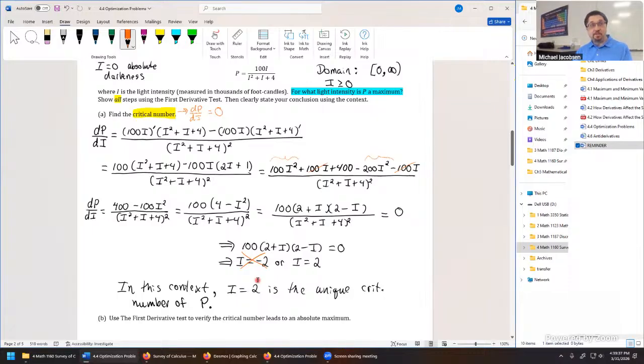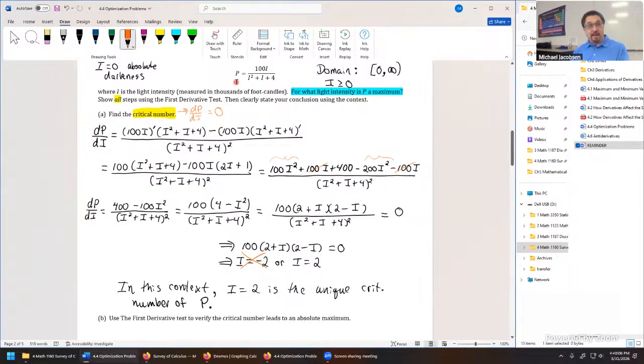Here's where the problem becomes more interesting still. It's easy to celebrate early when we get the critical number and say, we found that light intensity. This should maximize P. But that's not the whole story whatsoever. Anything could happen at a critical number. At a light intensity of 2, it could be maybe an absolute minimum. Who knows? We'd have to look further into the geometry of this function to know if it's a maximum or a minimum.